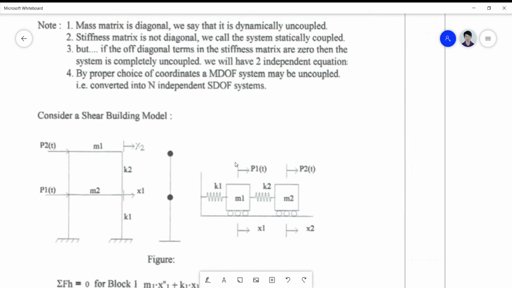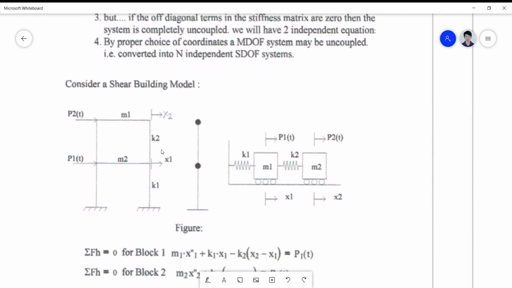Okay, so if we consider now a shear building model, a 2DOF system, this is a 2DOF system. They are equivalent. No, these are all equivalent systems. The stick model, the mass damper stiffness model, or the mass spring dashpot system.